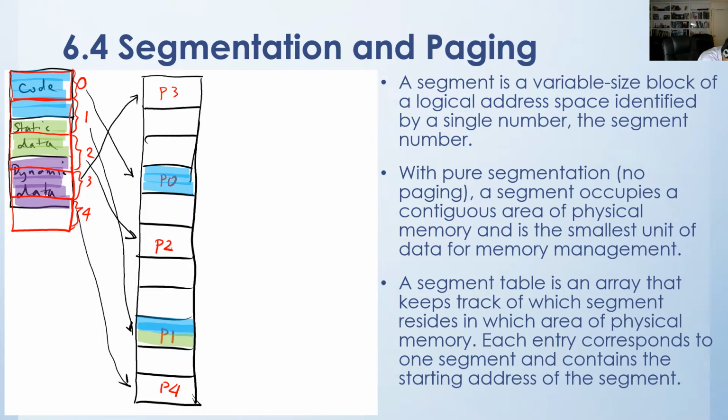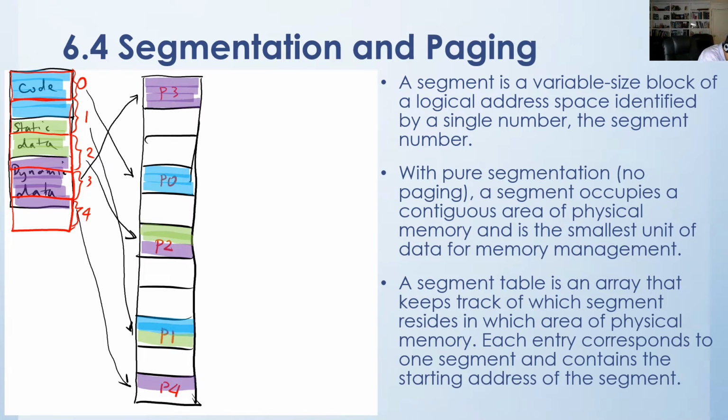What about page 2? Page 2 contains half static data and half dynamic data, the heap or stack. Page 3 is completely dynamic data, and page 4 contains some dynamic data.